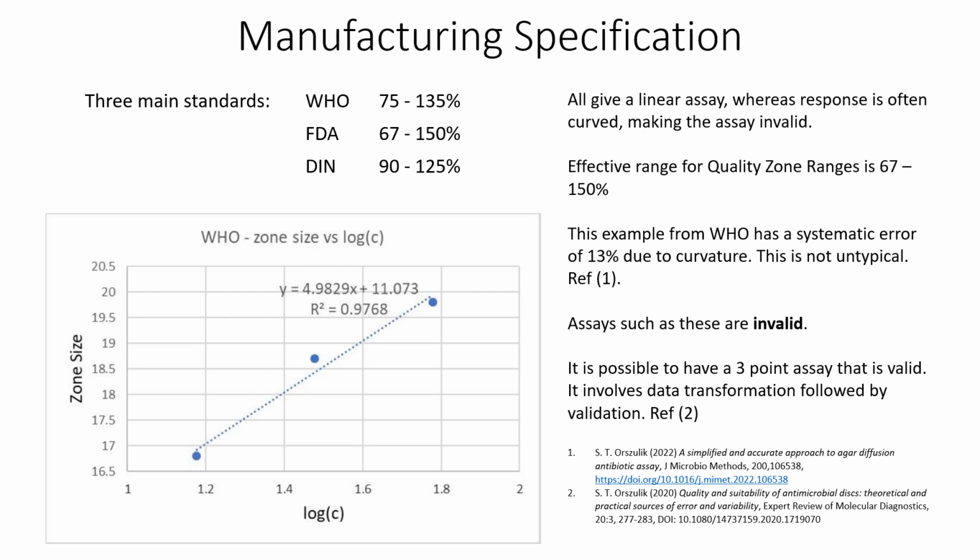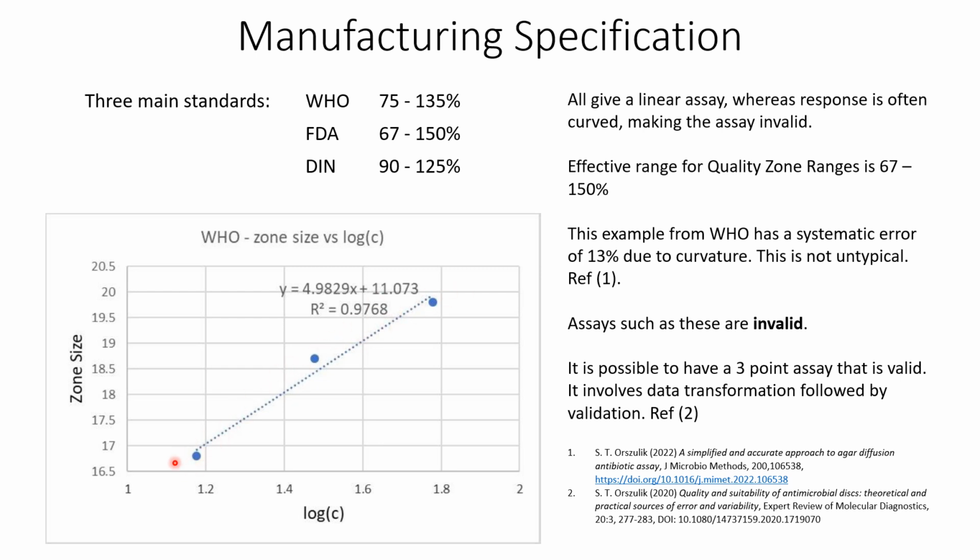So already we have here a problem in that this does not match theory. Theoretically, this shouldn't be a straight line, and in practice it often isn't. If we look at this particular example, taken from the WHO manual, which describes how to carry out the assay, you will see that there is already a certain amount of curvature.